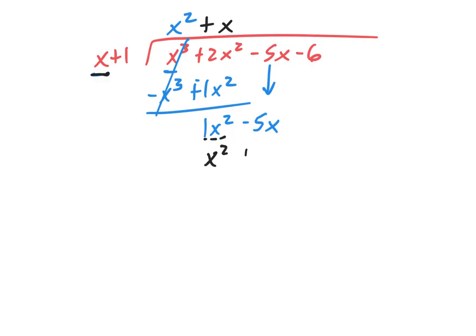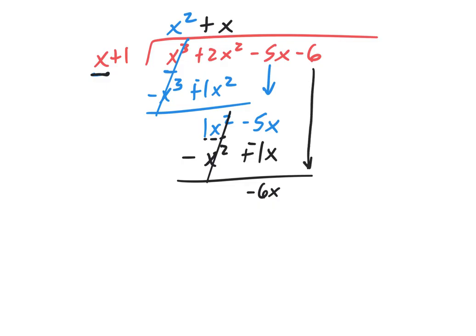I'm going to take x times 1, which is 1x. And I'm going to change the signs. And once again, the first term should disappear every time. If it doesn't disappear, then I've done something wrong. Negative 5 and negative 1 would make this a negative 6x.